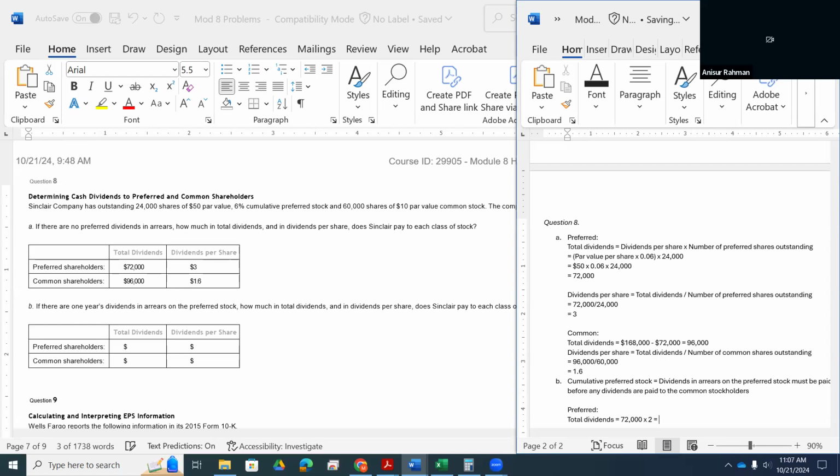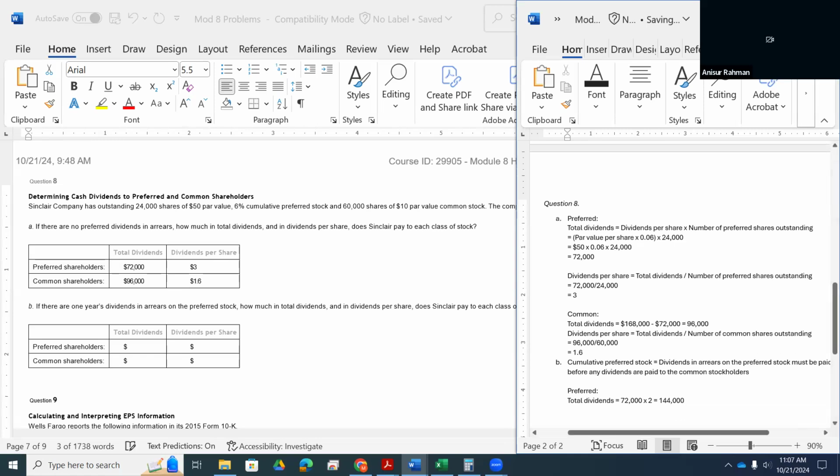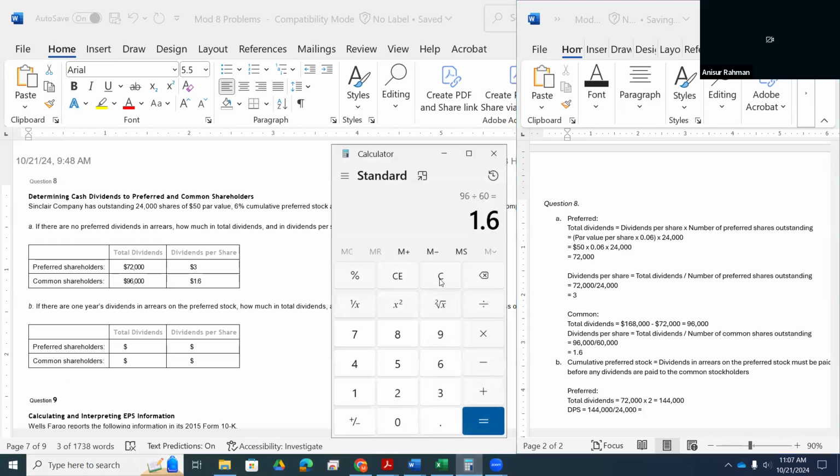So which will be 144,000. And dividends per share, in short DPS, is equal to 144,000 divided by number of shares, which is 24,000. So which will be 6.